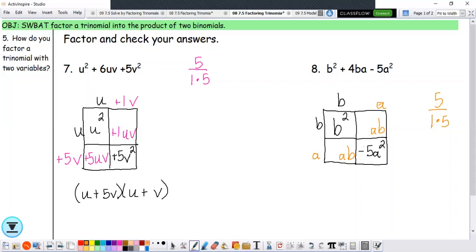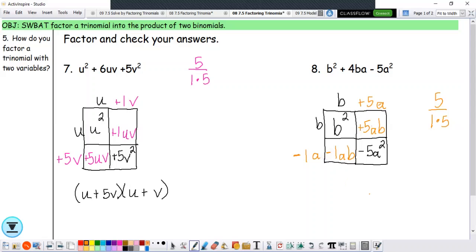But here's where we need to be careful. We have a negative 5, but we have a positive middle term. So one of these is going to be a positive and one is going to be a negative. If I want a positive 4, I would need a positive 5 subtract 1. So 5a times b would be a positive 5ab, and negative 1a times b would be negative 1ab.